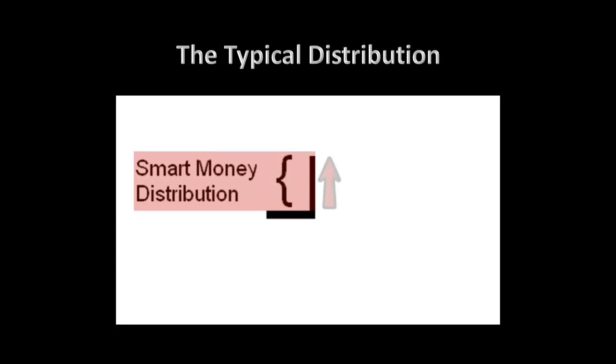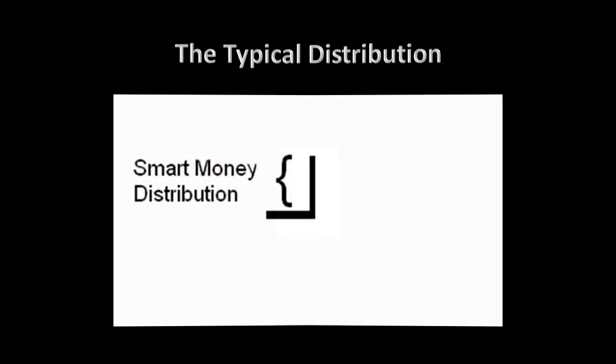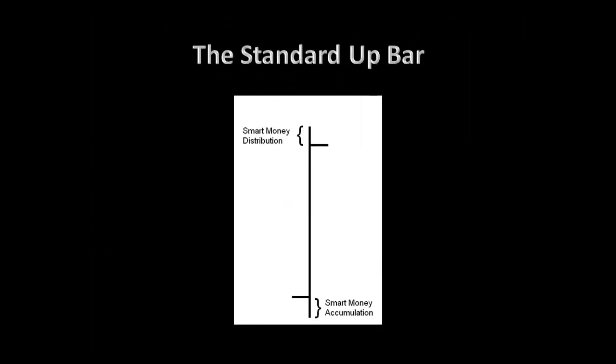The swing up from the opening in bearish environments is typically classified as the fake out move, or Judas swing up into the slaughterhouse. So the smart money will be doing their dirty work in this region to get short. The standard up bar.